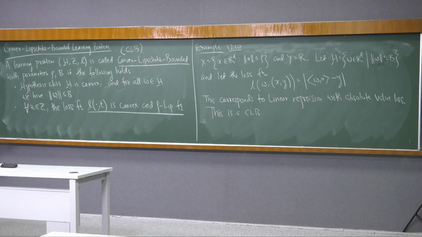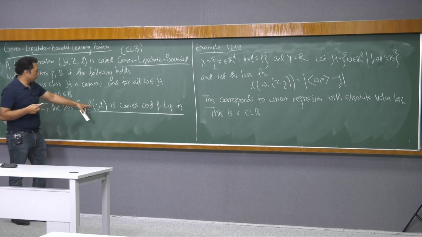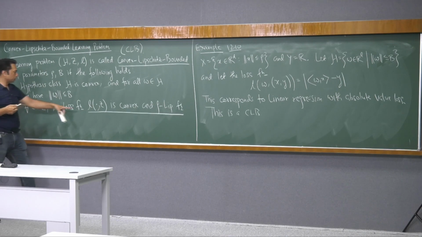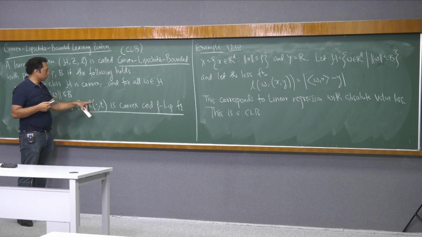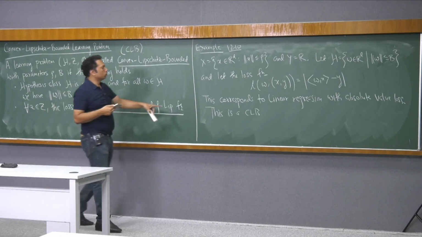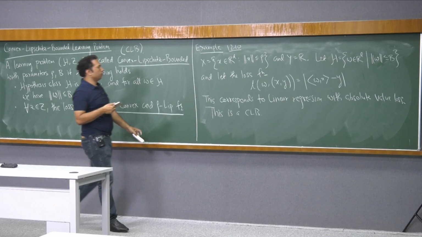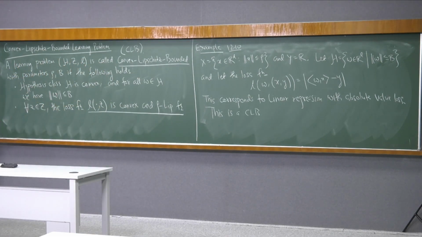So to compare it with this definition, what we see is that we are not given directly that l, as a function of w, for all z fixed, is convex and rho-Lipschitz. It is not given to us directly, but as a simple analysis we can actually prove that small l will be Lipschitz in w.